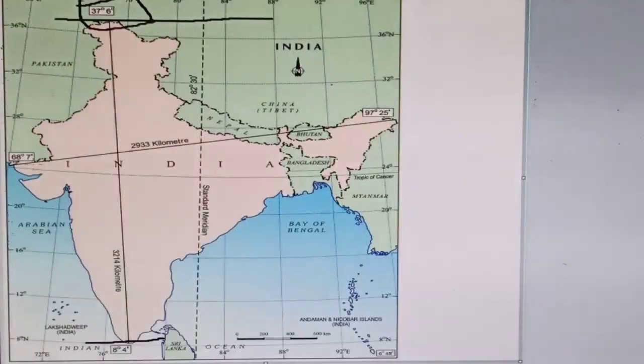Let's see. So there India's latitude starts from here. You can see from this point to this point, it is there in north. You can see 36 degree north is given, and upside it is increasing. And what is the exact position of India's mainland extent?